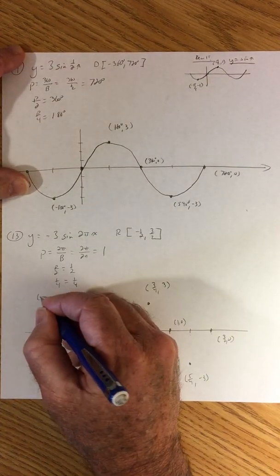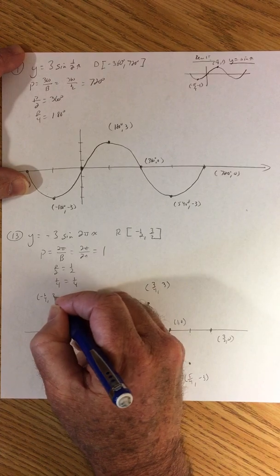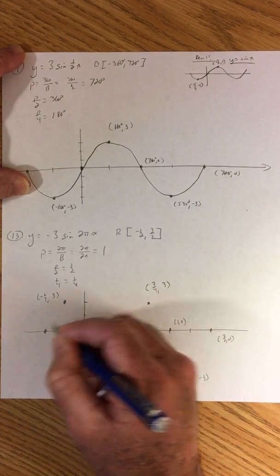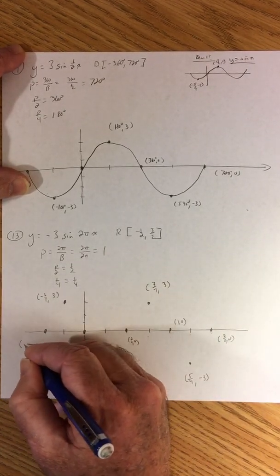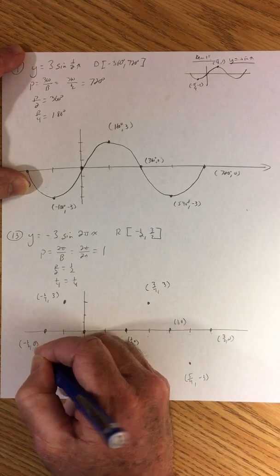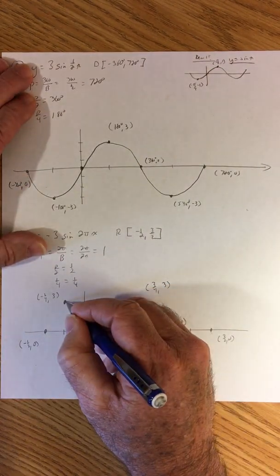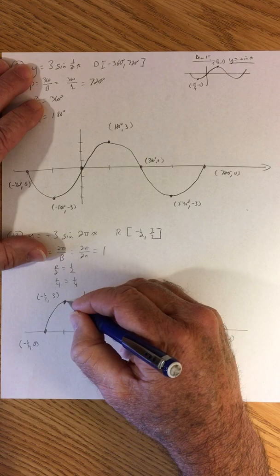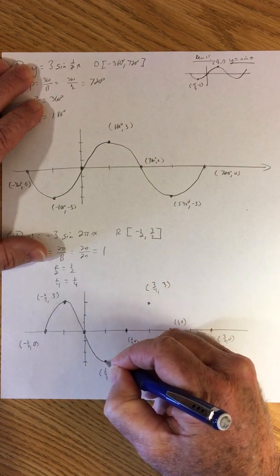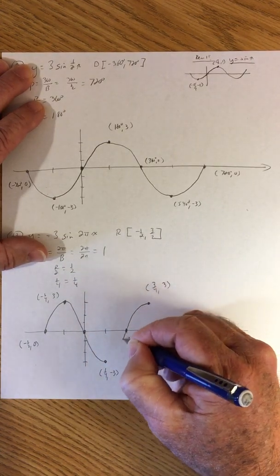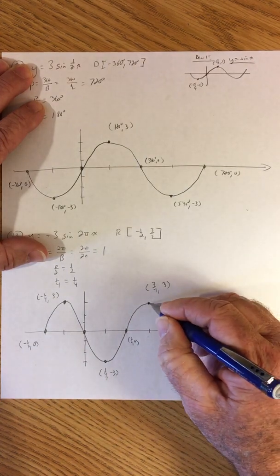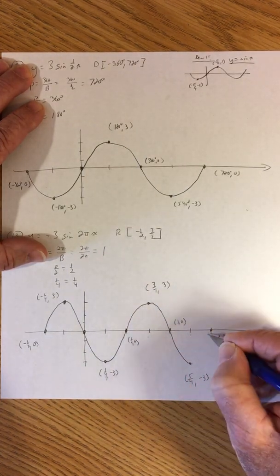So that point is negative 1/4, positive 3. Now the quarter cycle, back to the inflection point, negative 1/2, 0. Smooth curve.